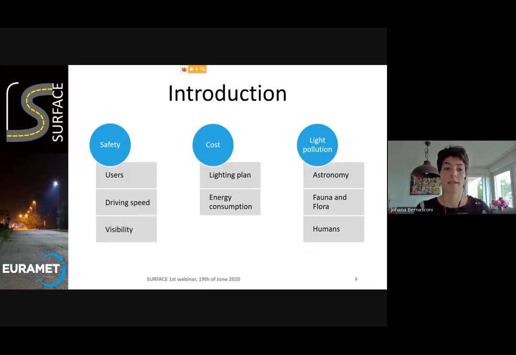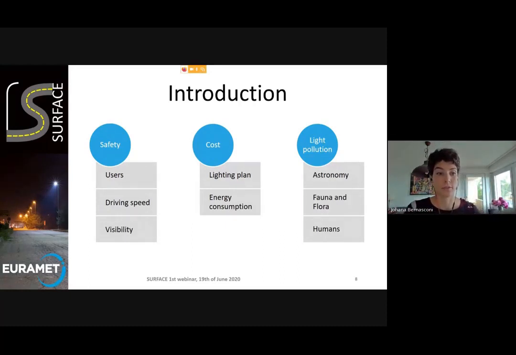So if we summarize, we have the three main points. So like the safety, I said, of the users, which depends on the driving speed also, and we want to ensure a good visibility on the road. In the cost, we have the lighting plan, so the installation itself that will cost money.